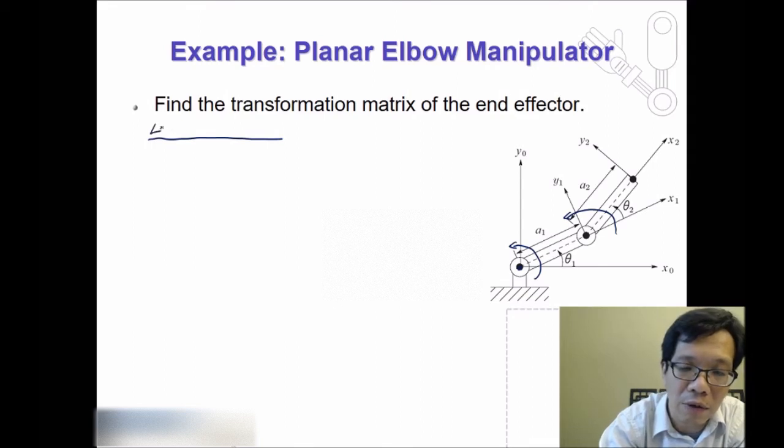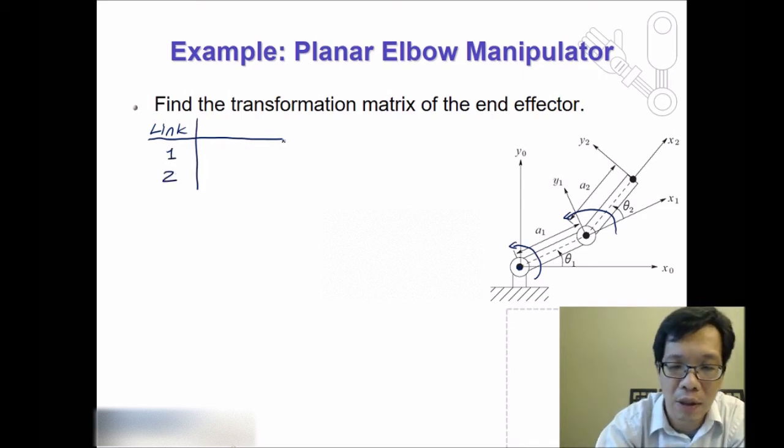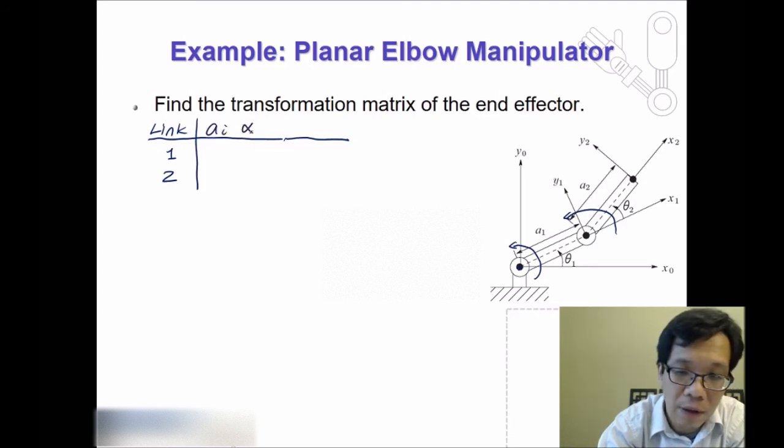So the first thing we need to do is to build a table. I have two links. I have four coefficients. Keep in mind, those two are x direction.